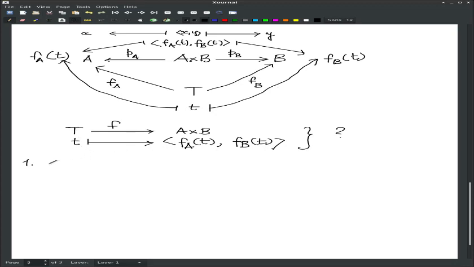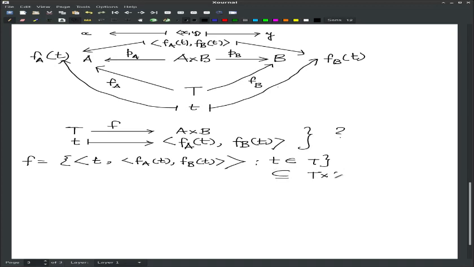So if you have to be really very, very pedantic, what you are doing is you are taking this relation. So this is obviously a subset of, so it's a relation, right?